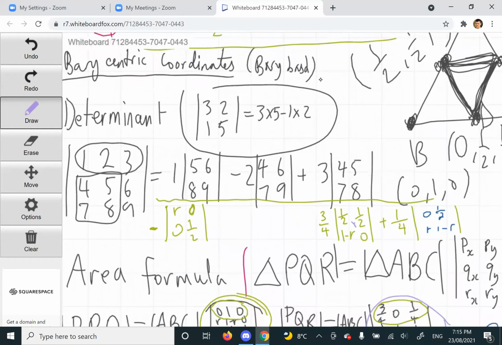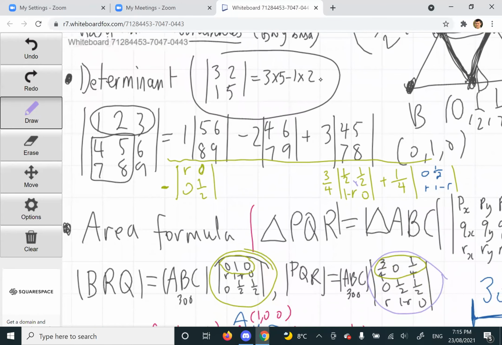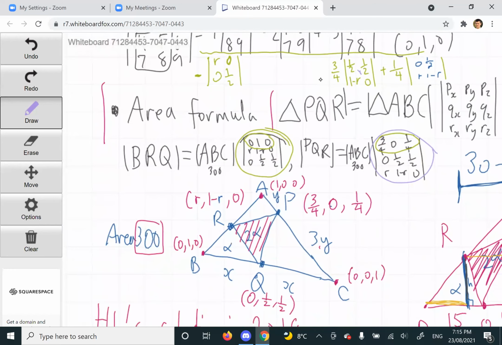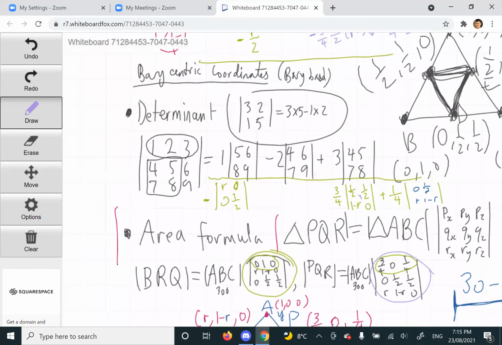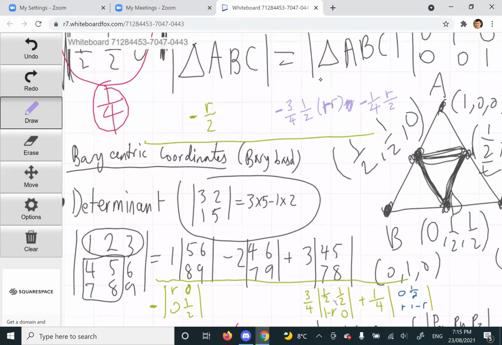And if you look at the equations, they're both times by 300. So we can just cancel the 300s. But we know that one of them is double the other one, right? PQR is twice BRQ. So this thing here should equal 2 times this thing here, yeah?